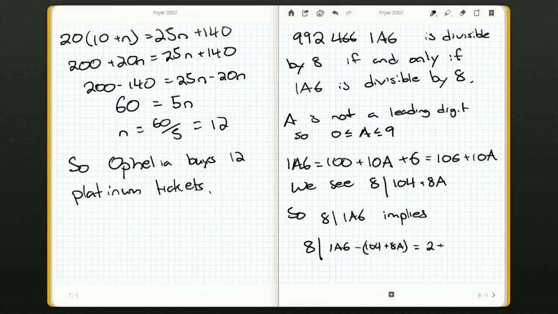So that's 2 plus 2A. So 8 is going to divide this if 8 divides 2 plus 2A.